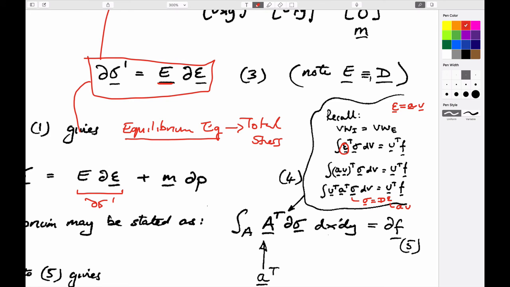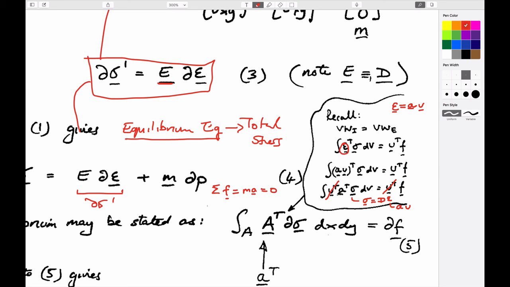We never stopped that process halfway through, but if we stop at this point right now, and then just get rid of this part here and this part here, then we have a relationship which says that forces are equal to stresses, the derivatives of the shape functions, and this. This actual statement is the same as the sum of forces equals mass times acceleration, which in our case is equal to 0.